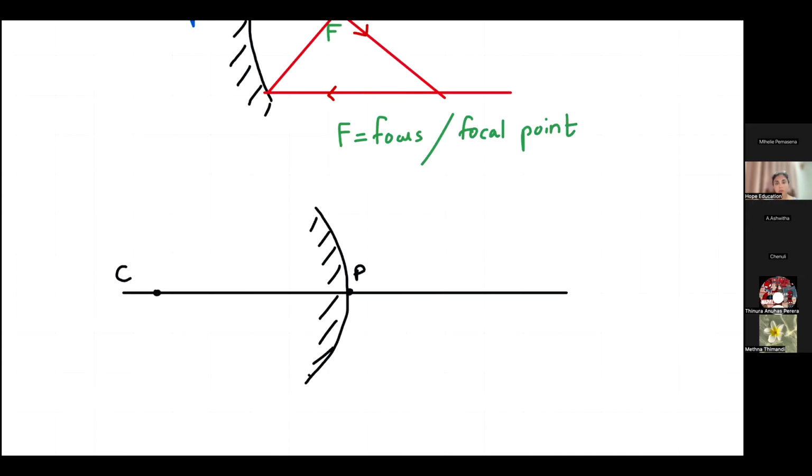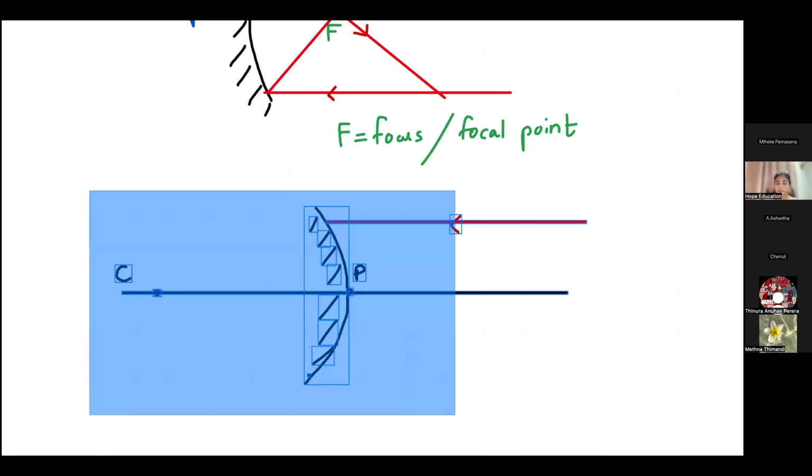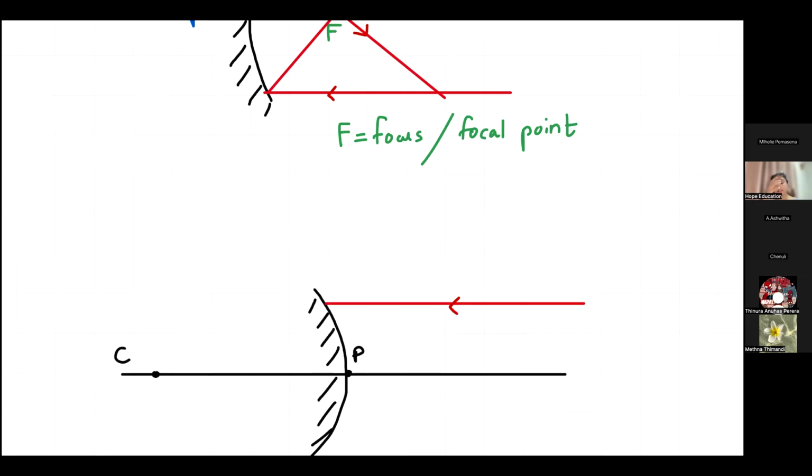Okay. I'm going to send a parallel light ray to this, a light ray that is parallel to the principal axis. Now we have a problem. The light ray is reflected.